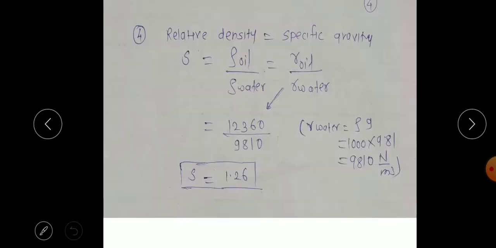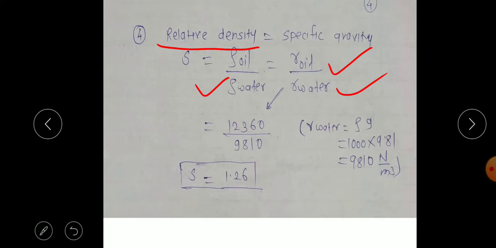Next we have to find the relative density. Relative density is the ratio of density of the fluid to the density of the standard fluid, that is water, or we can write the ratio of specific weight of the fluid to the specific weight of the standard fluid, water.